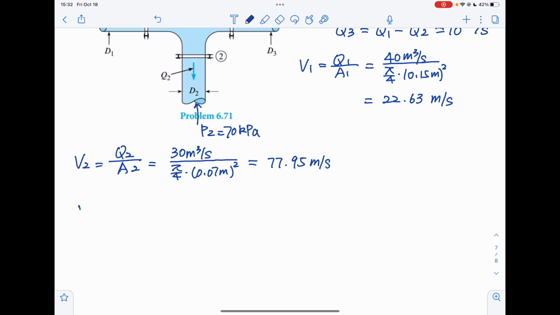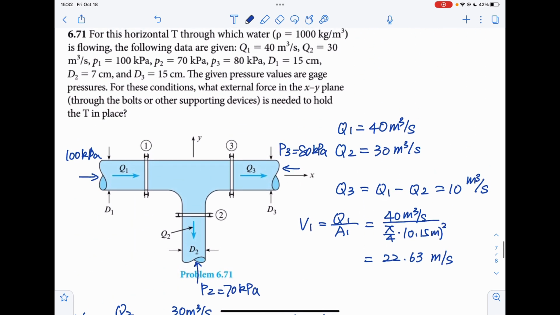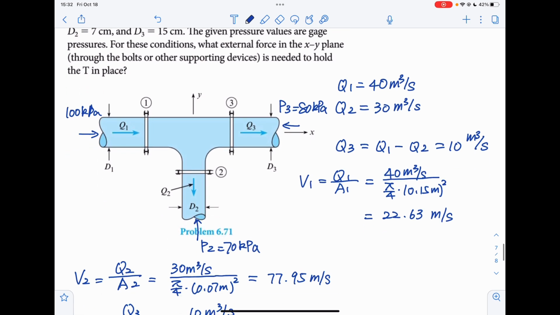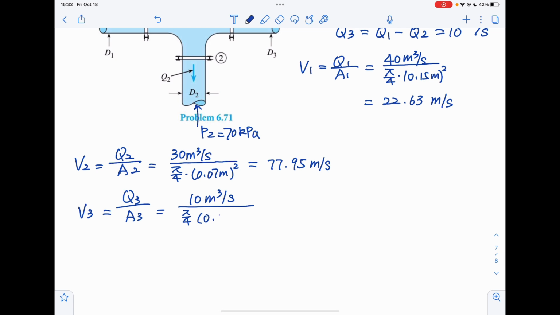And for V3, it's a similar thing, Q3 over A3. That will be 10 cubic meter per second over pi over 4 times the diameter, which is 0.15, which gives us 5.659 meter per second.